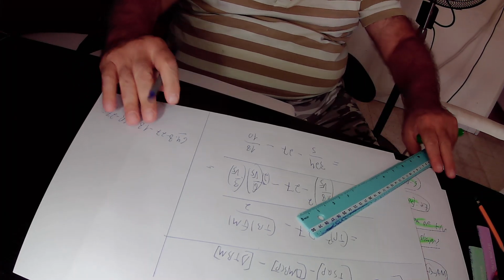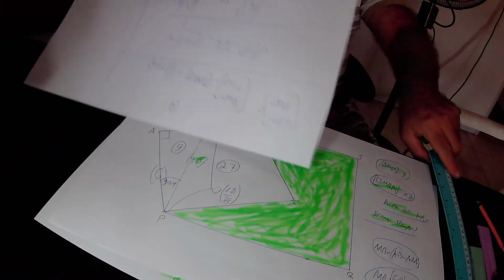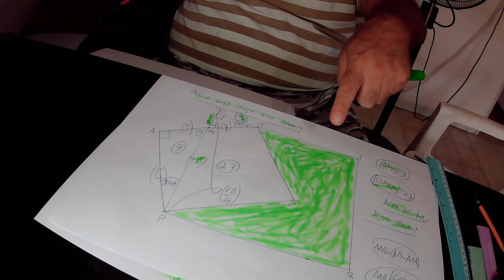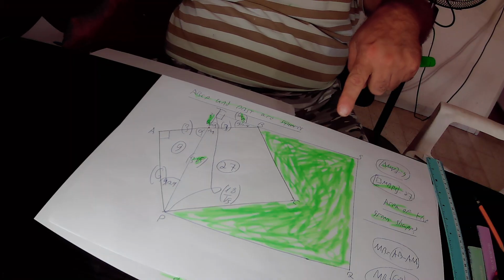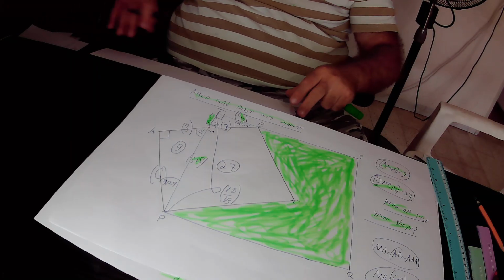So in total we found out that the area we are looking for in this question, that is the area of this green shape, is equal to 36 square units in size.